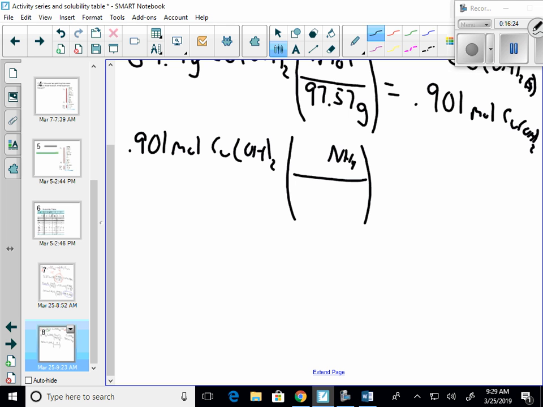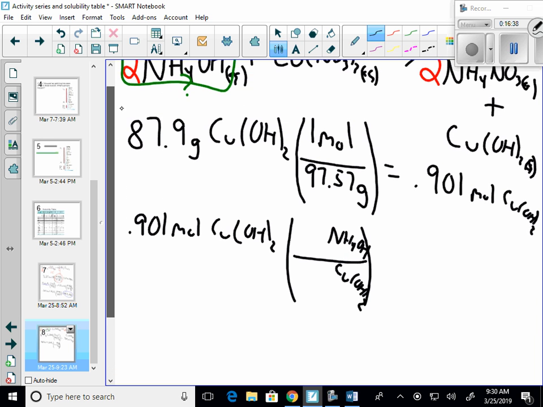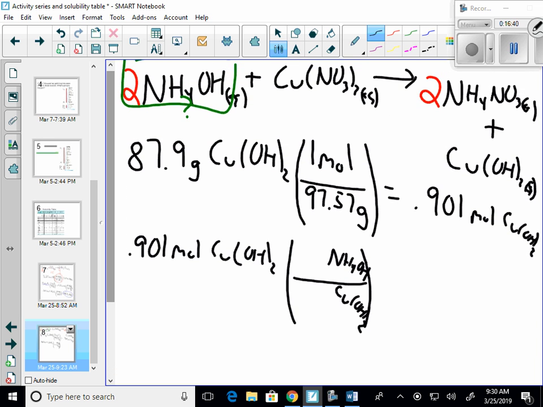the NH4OH, from the CuOH2. If I look back at my balanced equation, there's 2 ammonium hydroxides for every 1 copper 2 hydroxide.